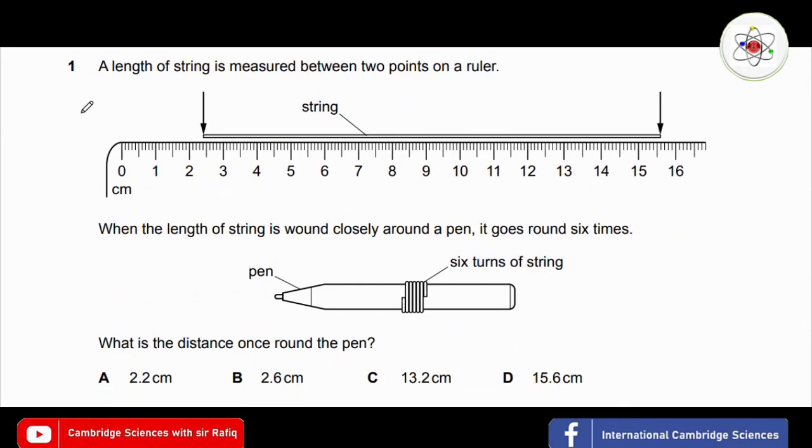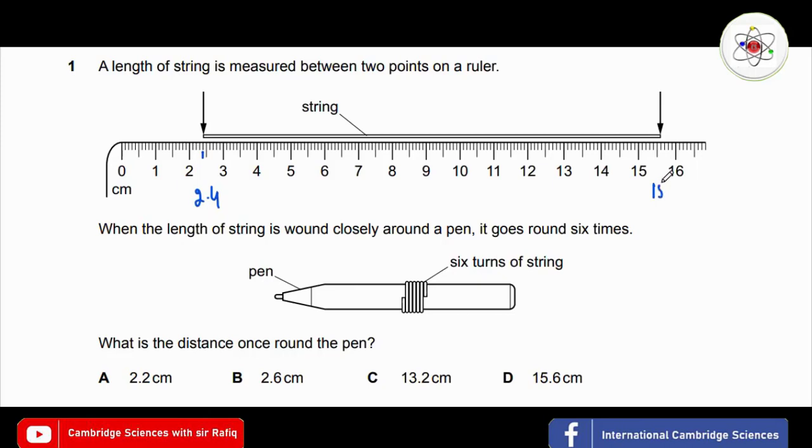A length of a string is measured between 2 points on a ruler. You can see that it is starting from 2.4 and ending at 15.6.